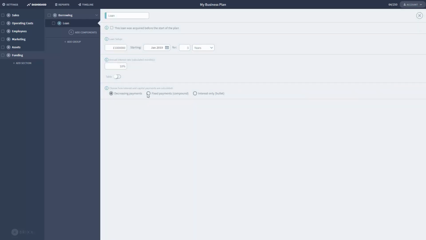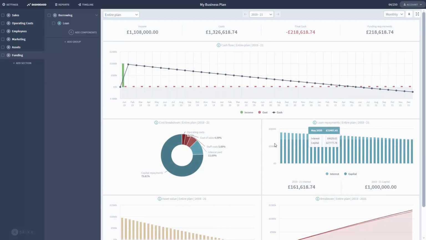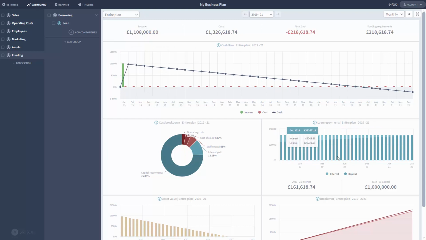So if we change that to fixed payments, which is compound, it's going to set it so that it's equal repayments every single period. And this chart is great for visualizing this, because you can see the interest is dropping each period as more of the loan is paid back, whilst the capital increases in order to keep the repayment the same each period, because that's what we've asked it to do.